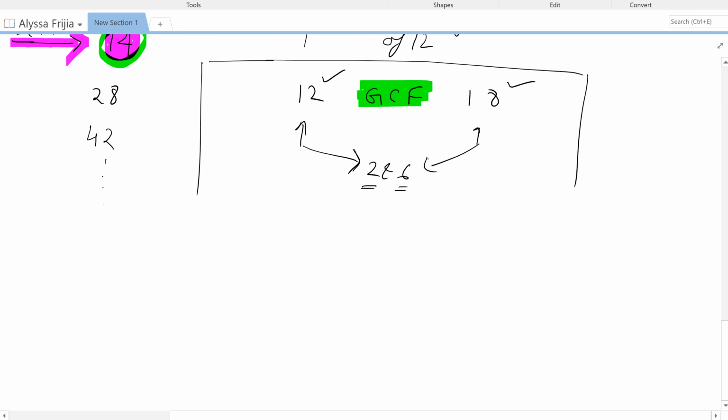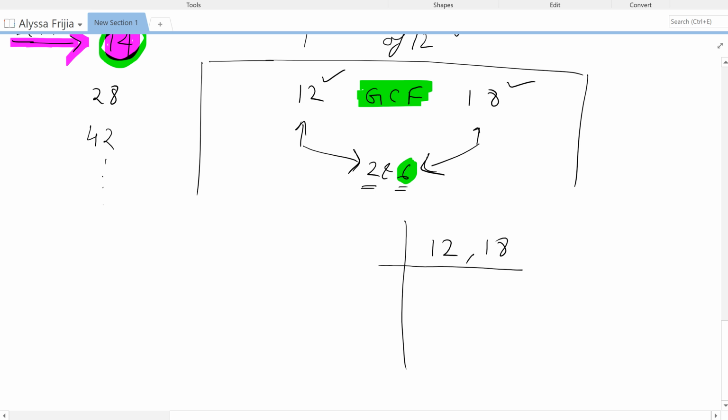These two numbers divide 12 and 18, but the largest or the greatest is 6. Does it make sense to you? Greatest common factor. So in order to find the greatest common factor, we have a method. Let me teach you a method. We write 12 and 18, and we keep dividing.